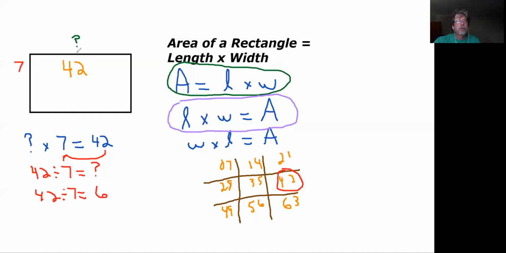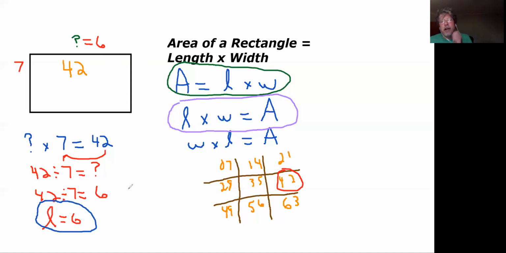So the length in this problem would actually be 6. That would be the missing dimension. So the answer to this problem would be 6. So the length would equal 6. And that's what we refer to as our solution, the answer.